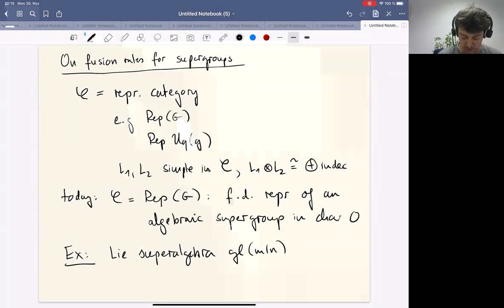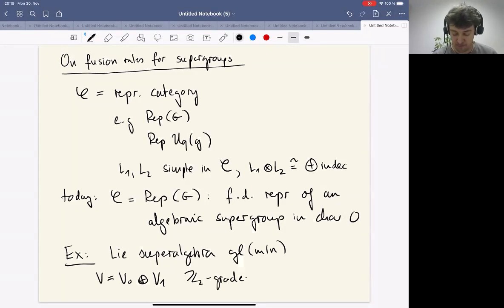You take a Z2 graded vector space, and unfortunately many years ago people called this a super vector space, and then you look at all endomorphisms of this Z2 graded vector space, those which preserve the parity, so they move V0 to V0 and V1 to V1, and those which switch the parity.